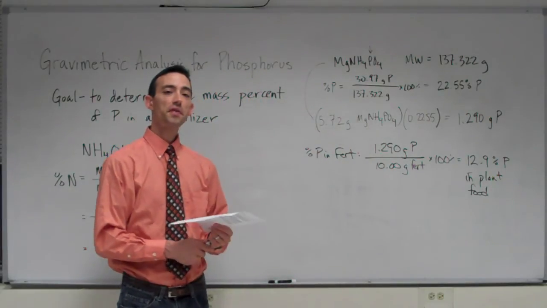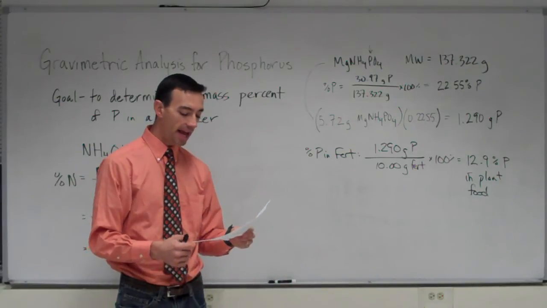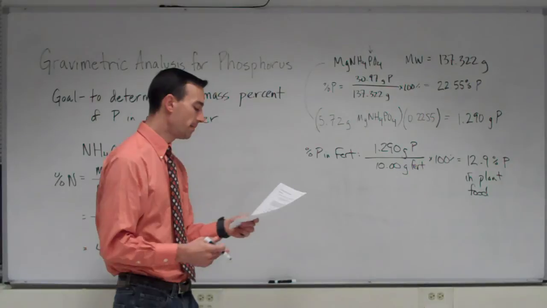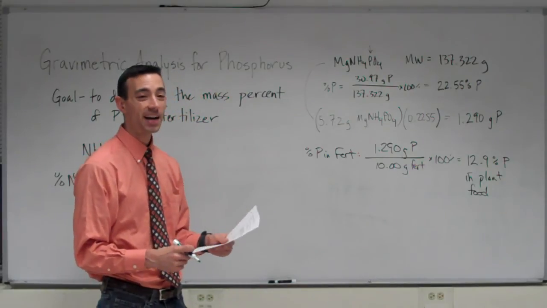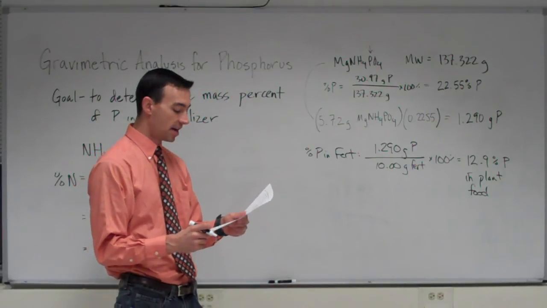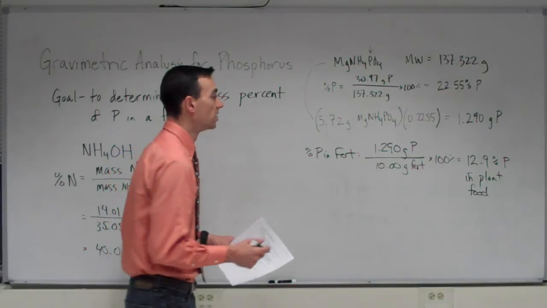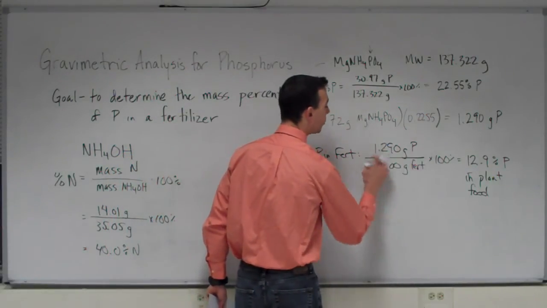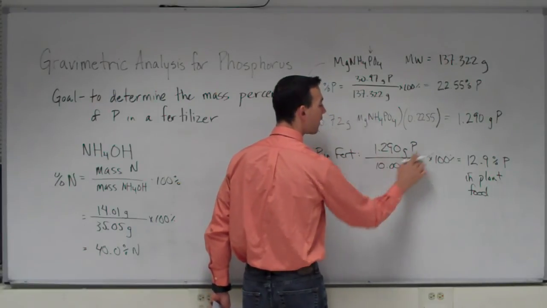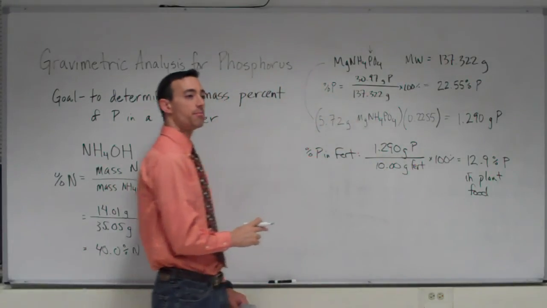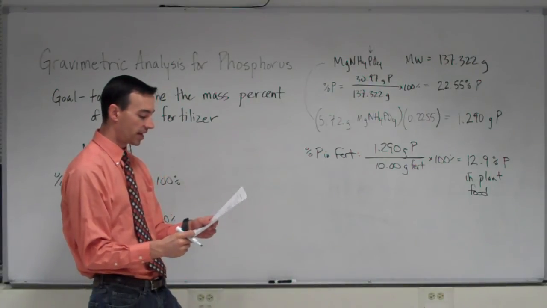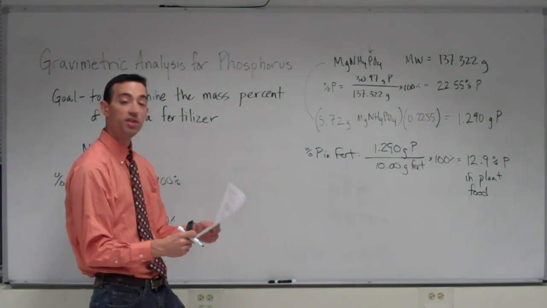Now, the phosphorus in the plant food is not actually in the form of elemental phosphorus. It typically comes in the form of diphosphorus pentoxide, P2O5. So you'll have one more step where you'll need to figure out how much P2O5 contains that amount of phosphorus. And our third pre-lab question asks us to essentially do that.